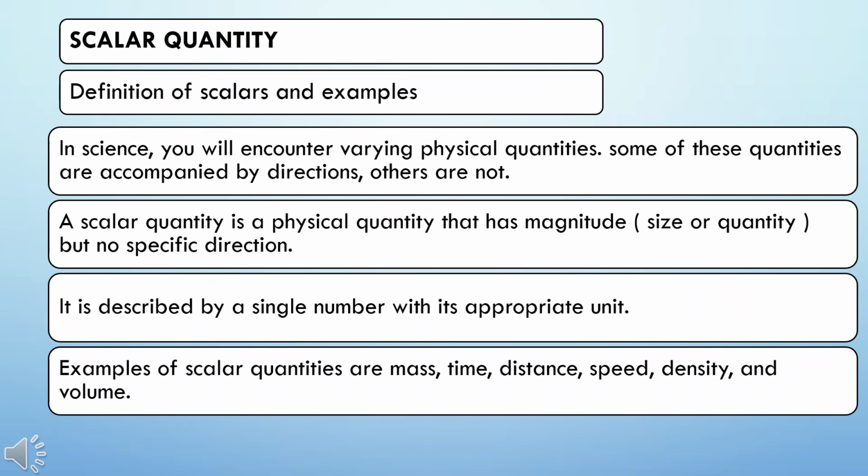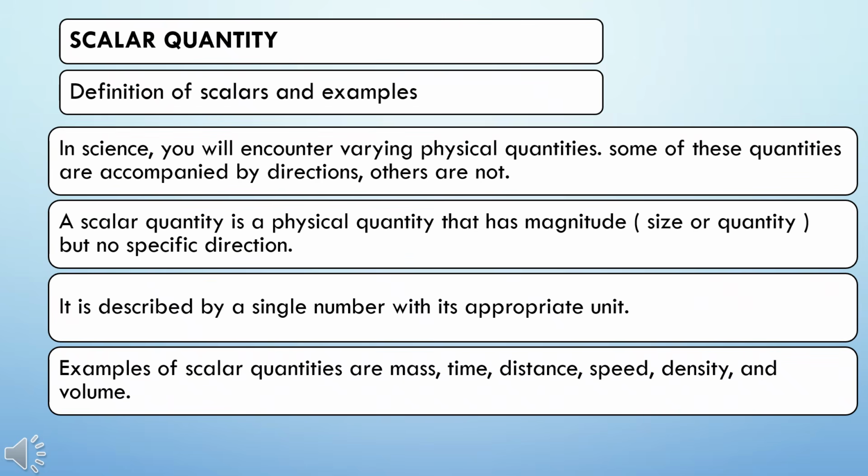Examples of scalar quantities are: we have mass, we have time, we have distance, we have energy, we have work, we have speed, we have density, we have volume. I can go on and give more and more examples. Let's add area. It's also a scalar quantity.